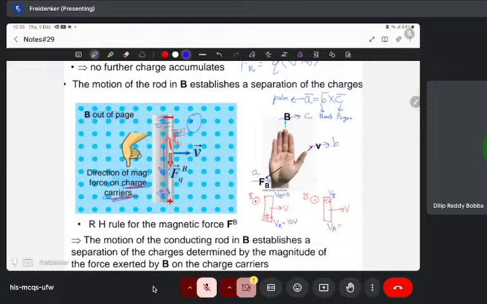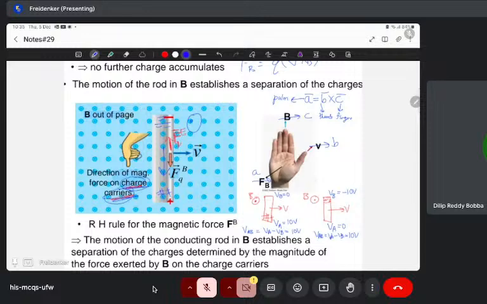And let's say VA is 0 and VB is minus 10 volts. So what is VAB? VAB is VA minus VB, which is 10 volts. What is VAB here? VAB is VA minus VB, which is also 10 volts, minus of minus plus. So the story is the same, irrespective of the sign of the charge carriers.